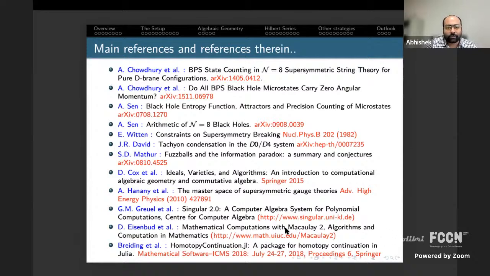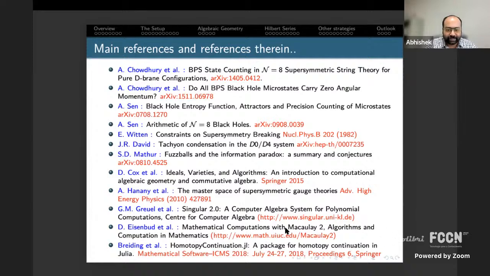And then I'll quickly move on to the actual computation of these polynomials and their solutions, for which in the later part of the references, there is a good book by Cox, which basically sets up the stage for this field of computational algebraic geometry, but none of the techniques that I'm going to use are mentioned here. The techniques are fairly recent, as recent as 2022 in the math literature.